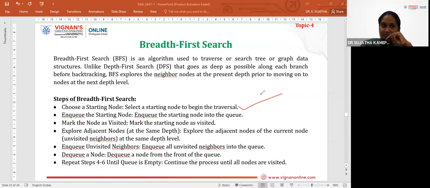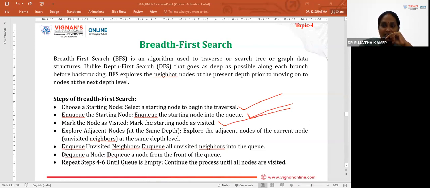The next step is to enqueue the starting node. That is, we need to place the node into the queue. Whichever starting node we selected is placed into the queue. Then we need to mark the node as visited. For the starting node we selected, we need to mark it.